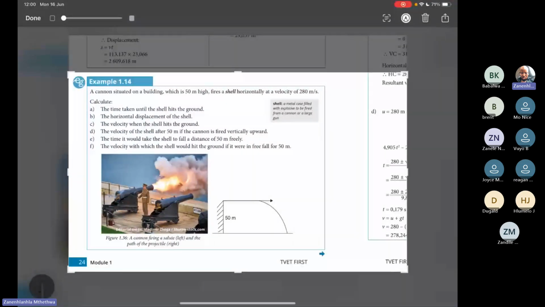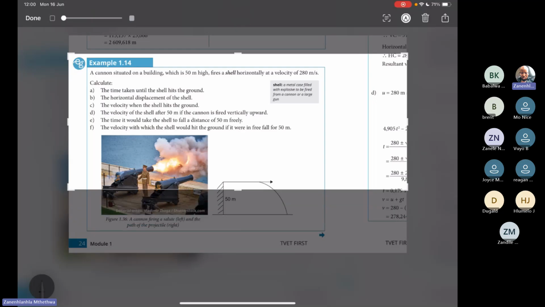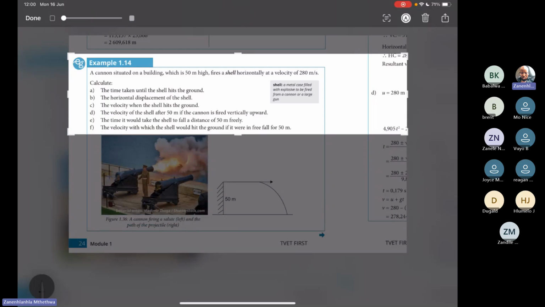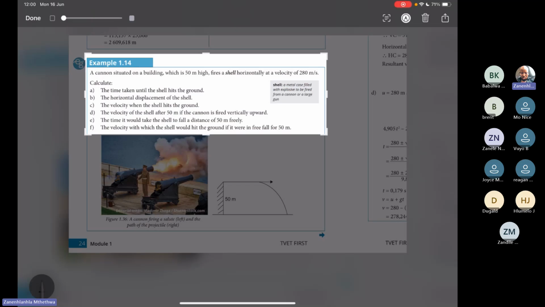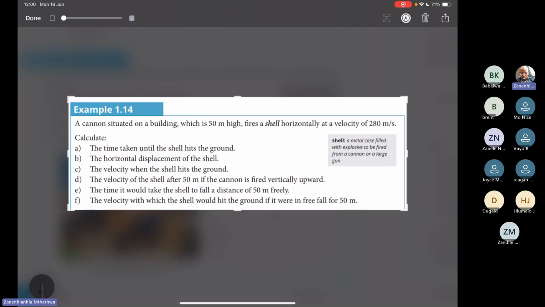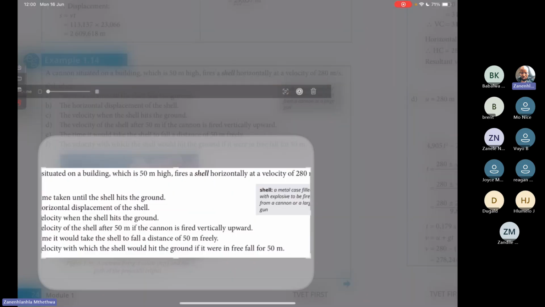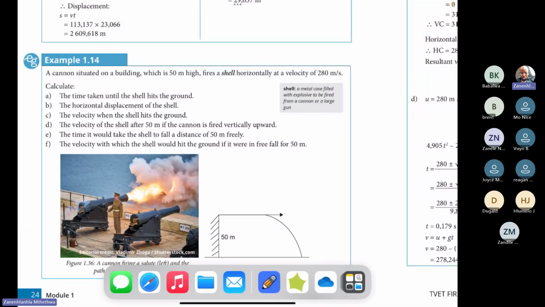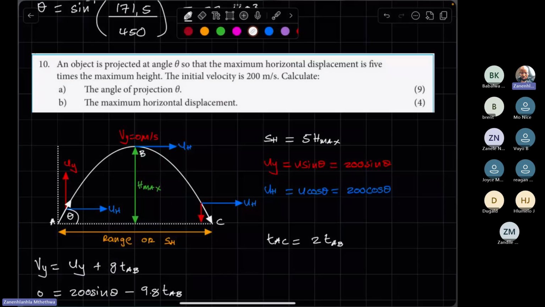This will be the last exercise I'm doing on projectile motion, people. The question seems a bit different from the others, but let's do it anyway.